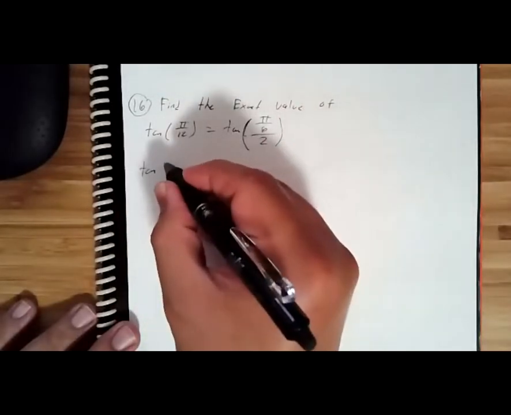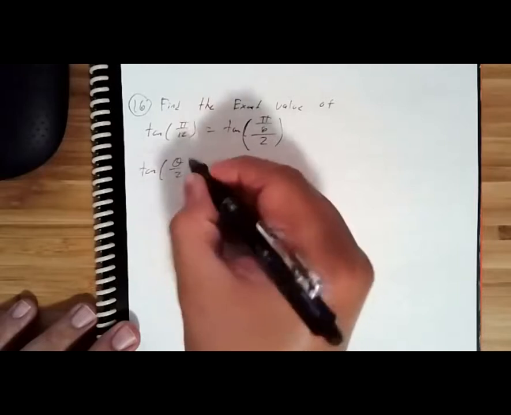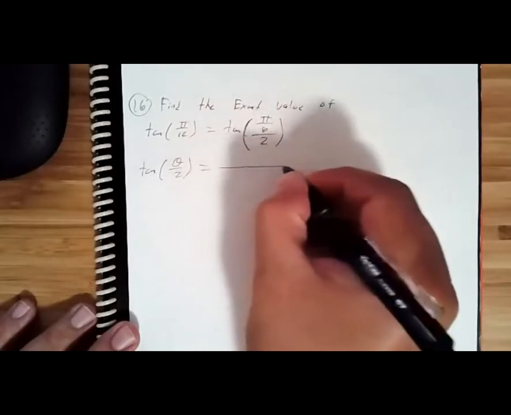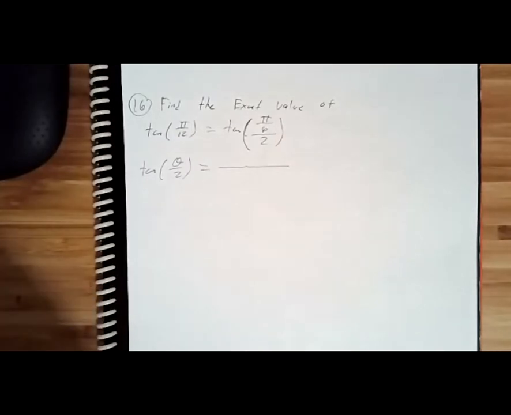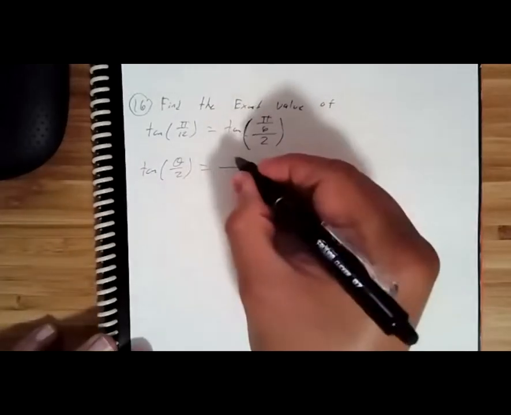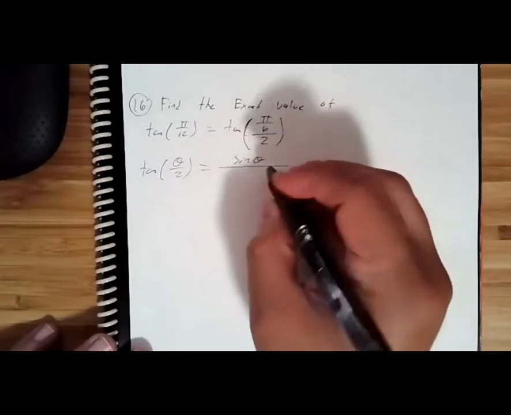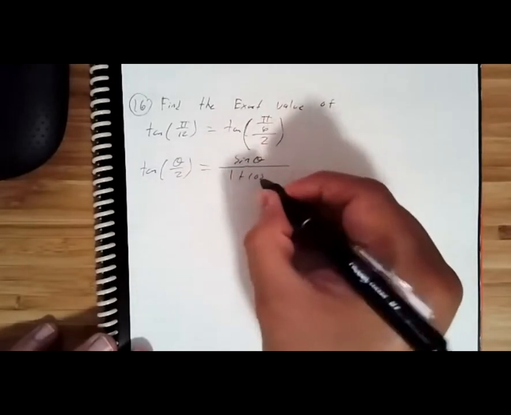This allows us to use the half angle formula for tangent. Remember we said tangent of theta over 2 was equal to... I don't remember what it was. Let me look it up. There were two of them. We'll use this one: sine theta over 1 plus cosine theta.